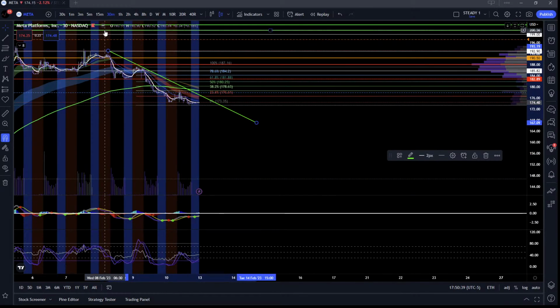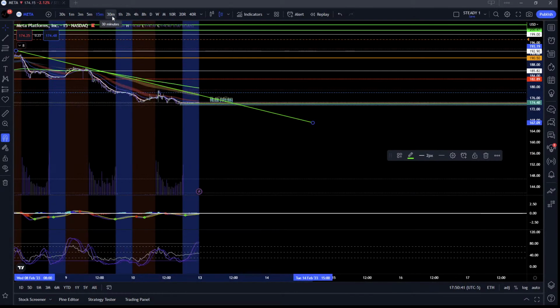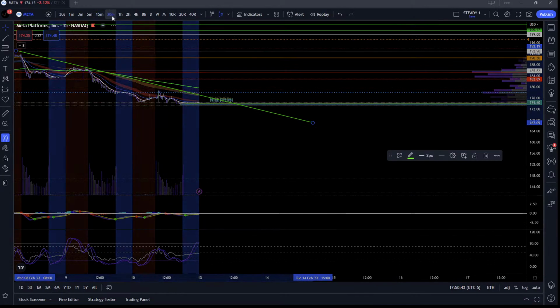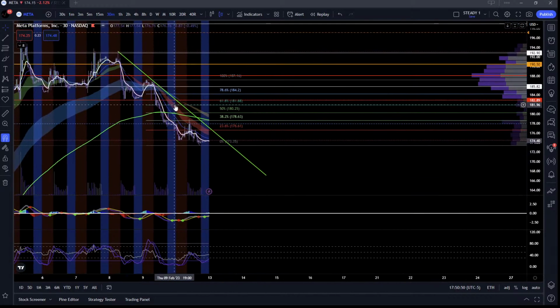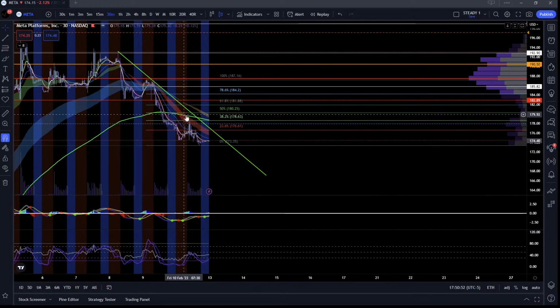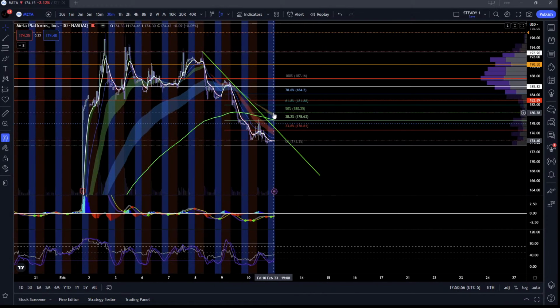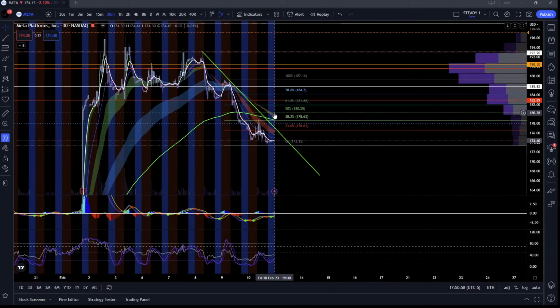Yeah, you could use this to help you find a potential area of interest for the move back to the upside. What I would be looking for as my confirmation for that upside is the bear flag break that it's starting to form on that larger time frame over there. I would either watch.